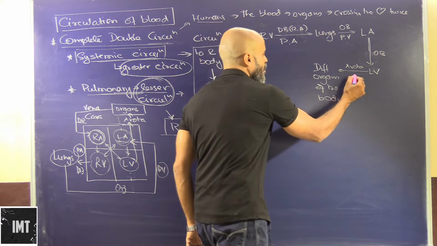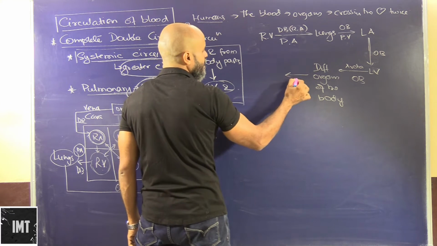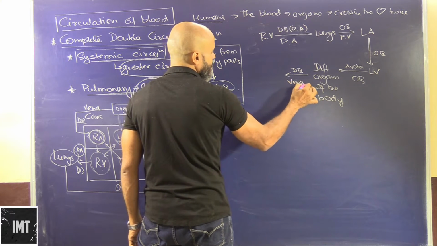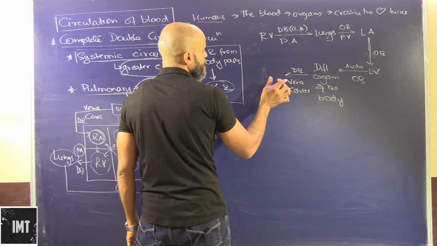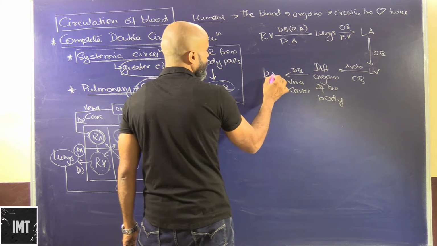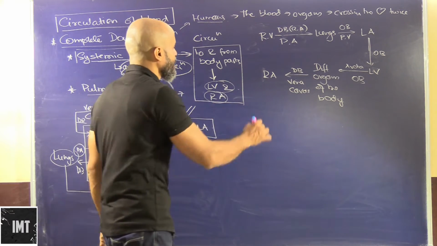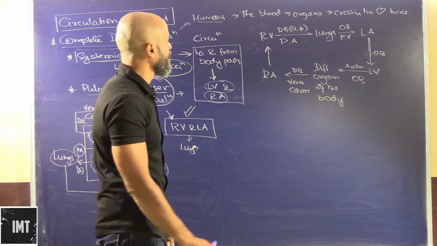Now this is oxygenated blood. After this oxygen has been used, it becomes deoxygenated blood and goes to the different vena cavas. It reaches the right auricle through the superior vena cava and inferior vena cava, and from the right auricle it is pumped back into the right ventricle.